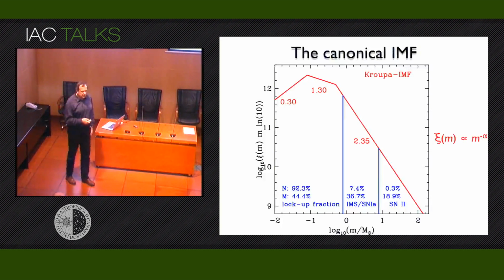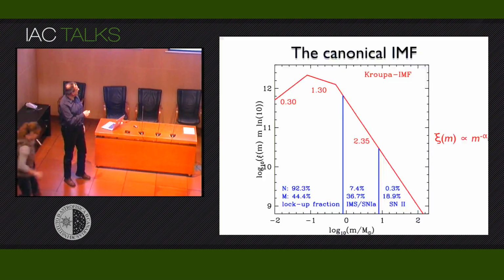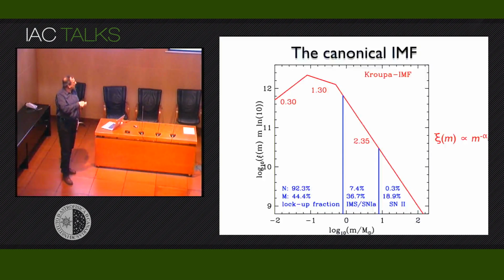And why is the stellar initial mass function important for astrophysics? This is shown here in blue, because this shows the number and masses of stars in a certain fraction if you integrate over this mass function. This line here shows 8 solar masses.